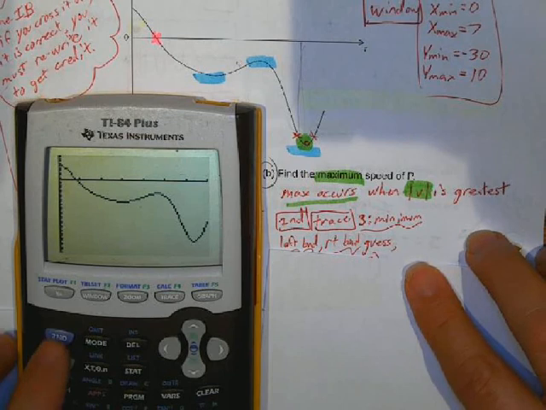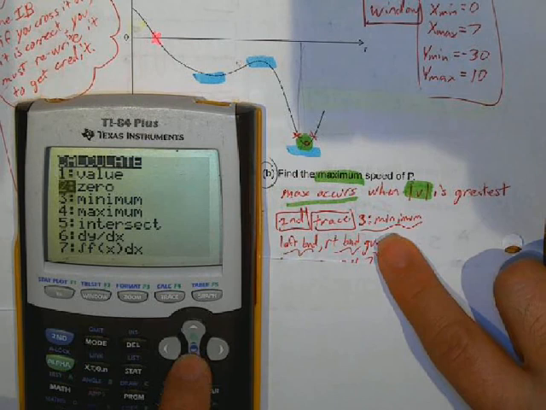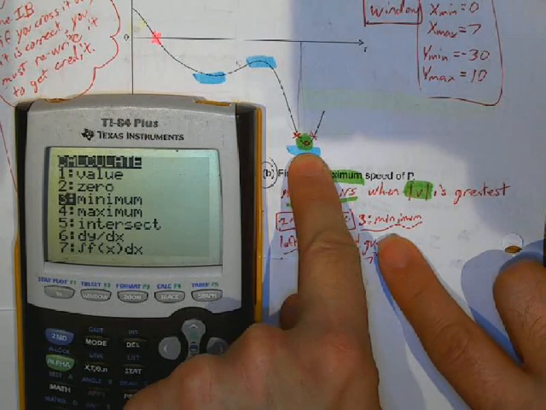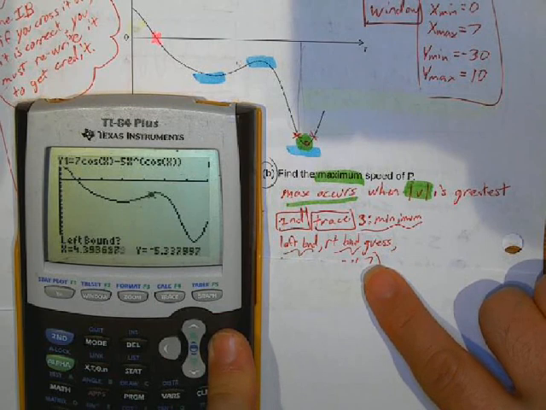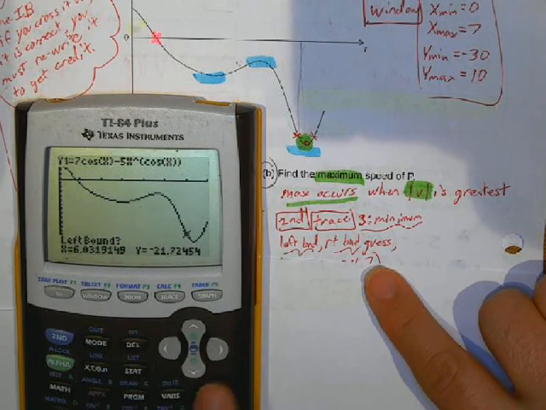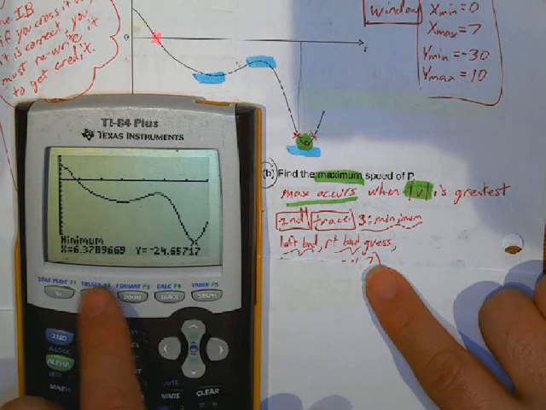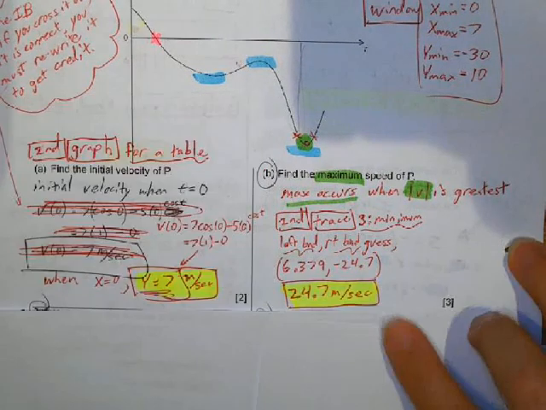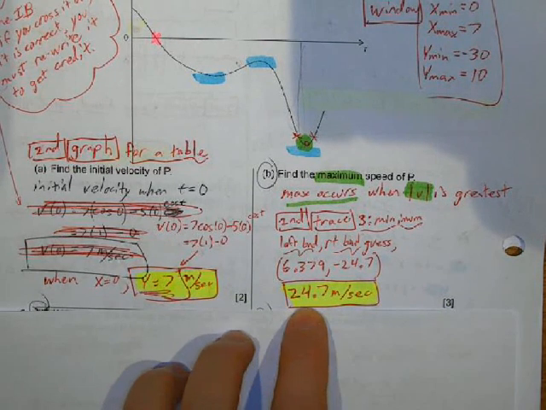I'm going to hit second trace, and go 3 to the minimum because I want to find this location, which is the minimum. And then left bound, right bound. You know the process, right? Enter. Enter. And this location is 6.37.